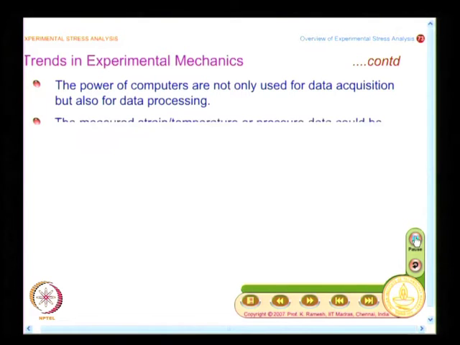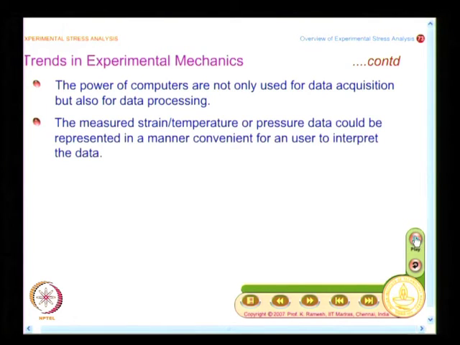And what you have here is, there are two aspects. Data processing is now very fast. For example, double exposure techniques, you can make them appear more like real time when you do computer processing, because computers are very fast in handling large scale images.